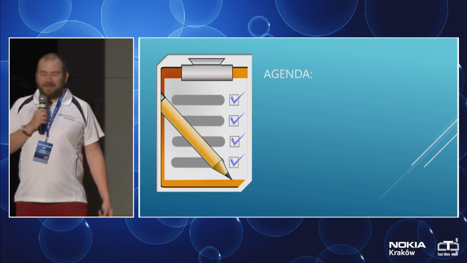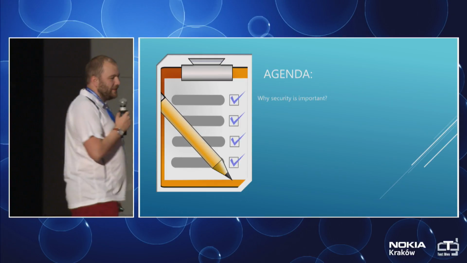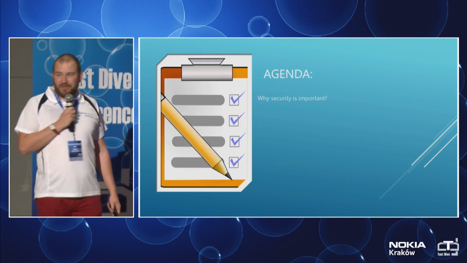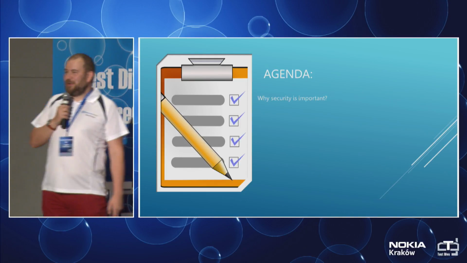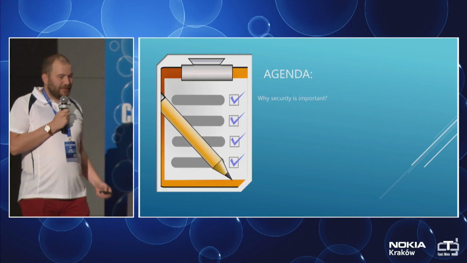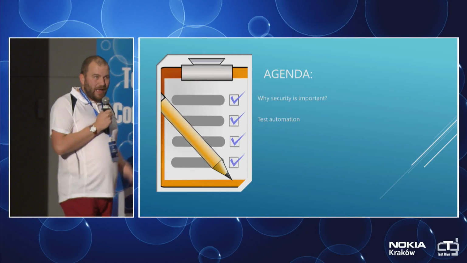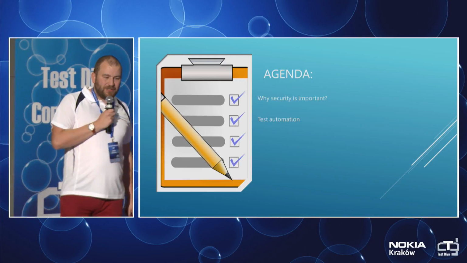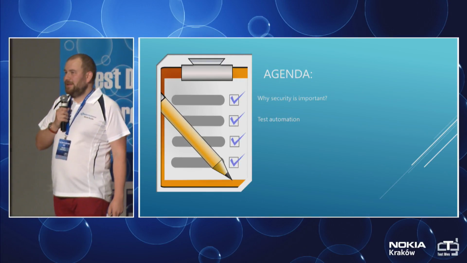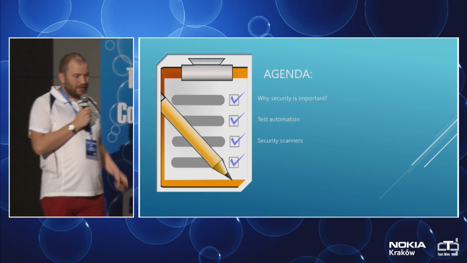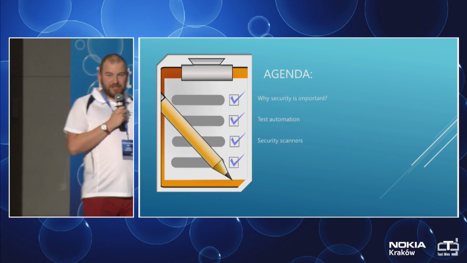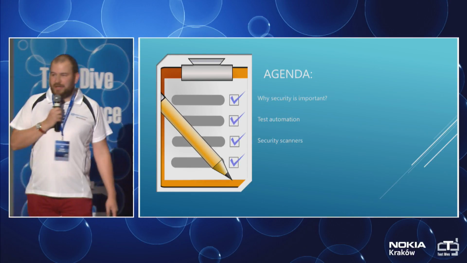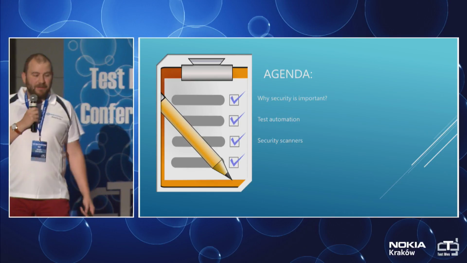So the agenda for today is, first, we'll speak about why security is important and why you should bother running security tests. We'll speak a bit about test automation, and there will be examples of Selenium usage for it. There will be a few words about security scanners, and we will use OWASP ZAP as an example.